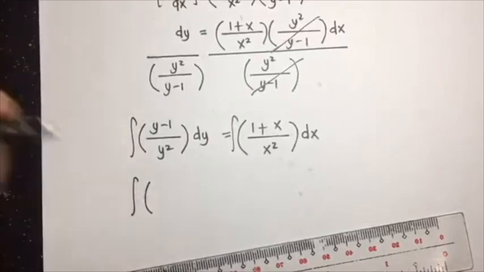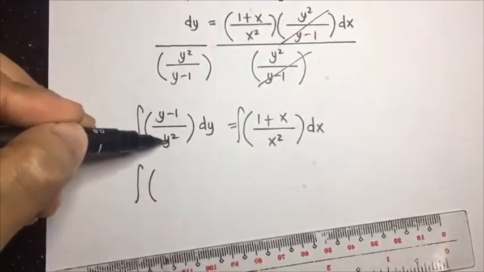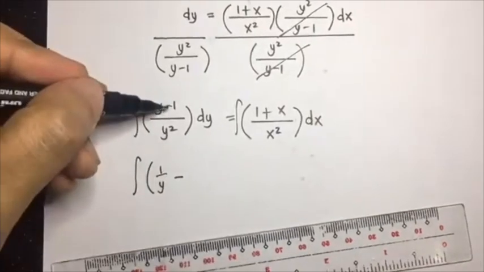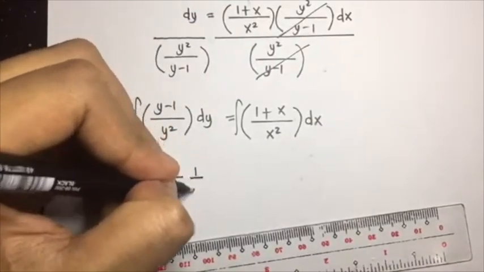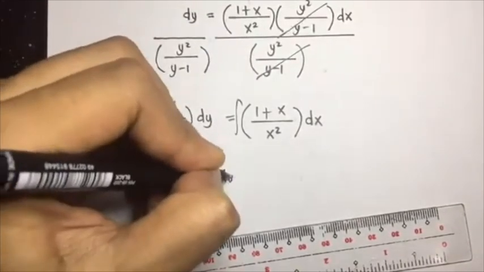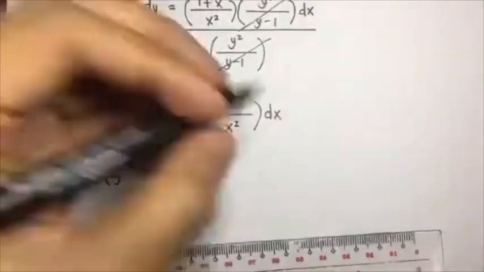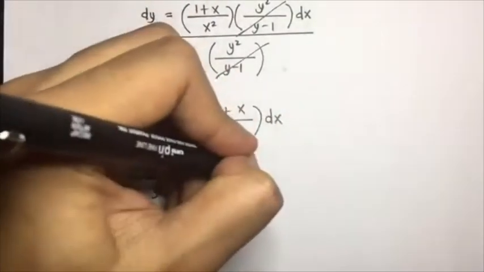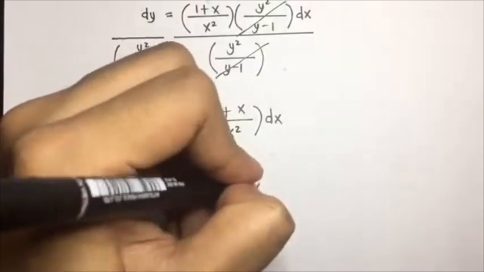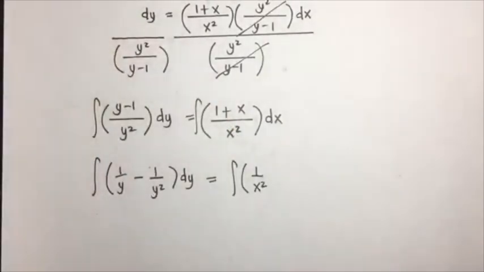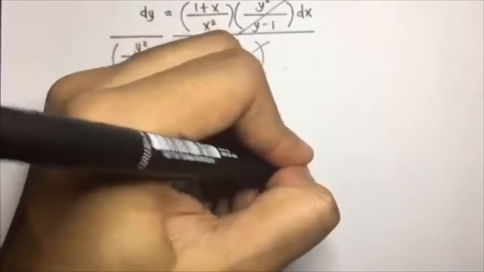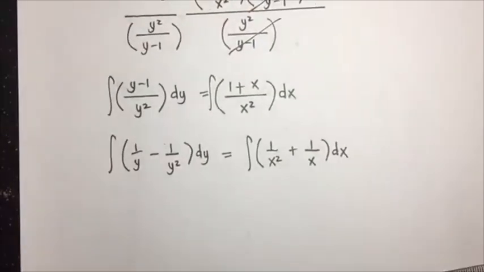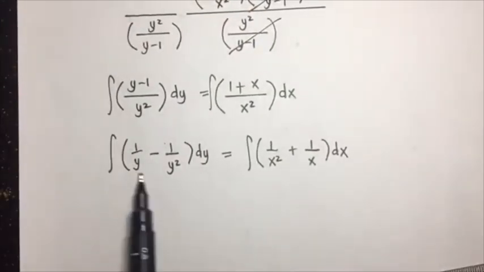This will become the integral of y squared, y over y squared, that is 1 over y, minus negative 1 over y squared, that is 1 over y squared, is equal to, on this side also, integral of 1 over x squared, and then plus 1 over x, dx.